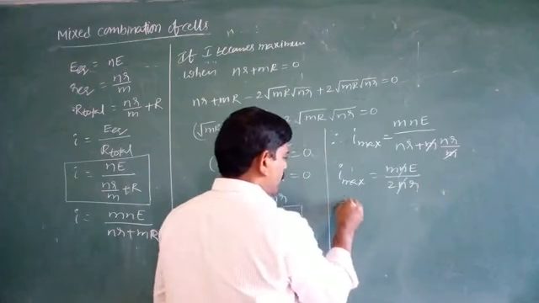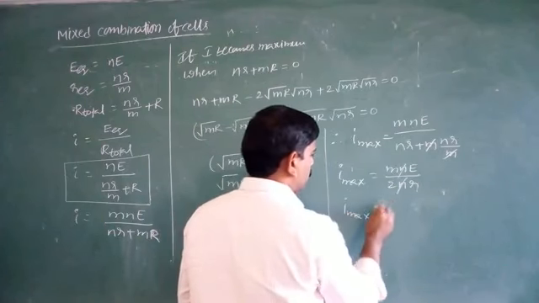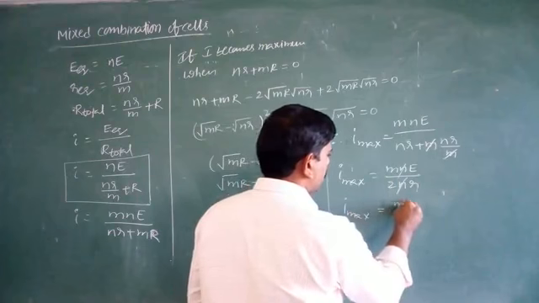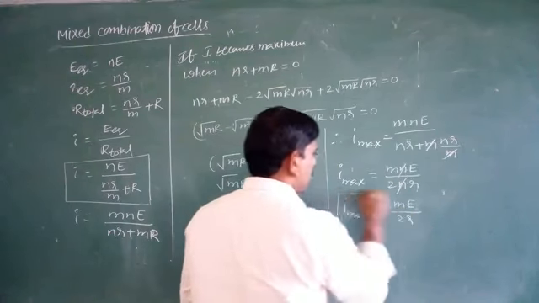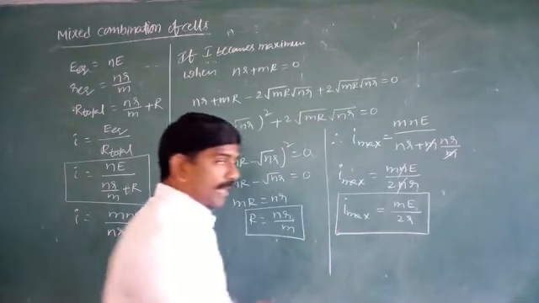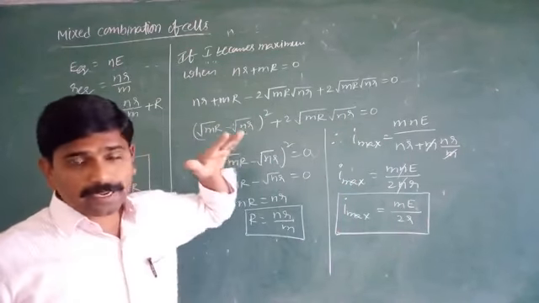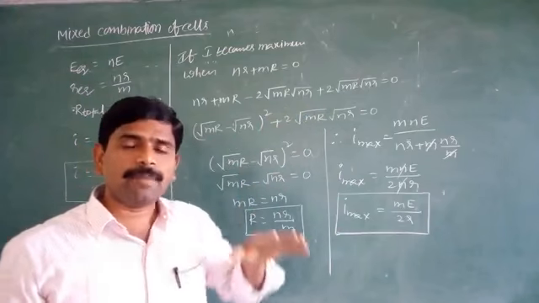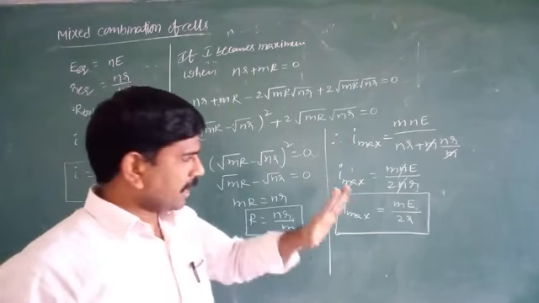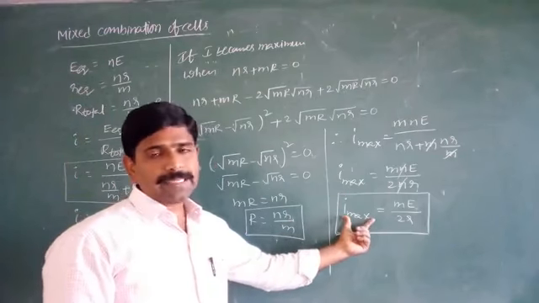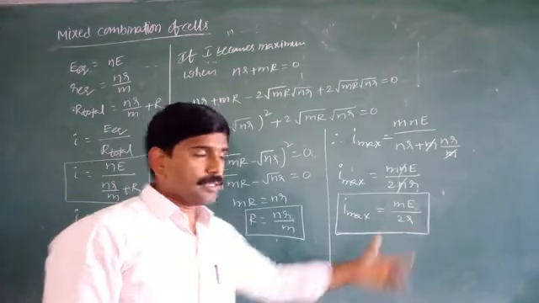The n cancels. Therefore, maximum current is equal to mE by 2r. This is the maximum current when n cells are connected in series, and such m rows are there. That is nothing but the mixed combination. In case of the mixed combination, the maximum value of the current is this.